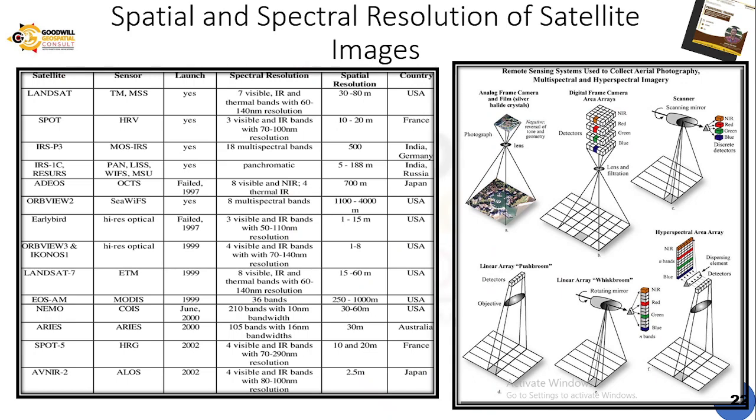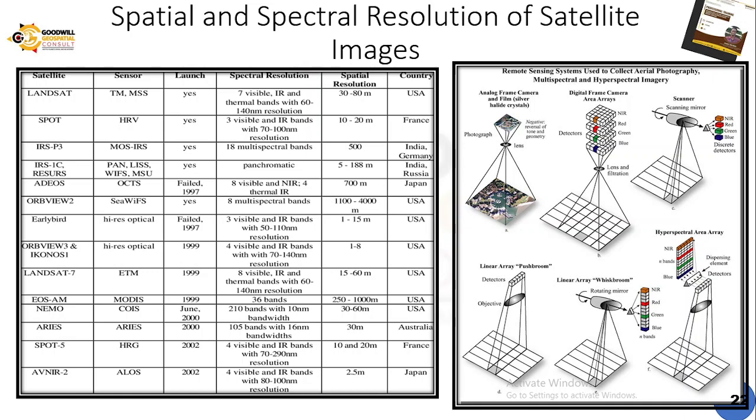Spatial and spectral resolution of satellite images. Now, spatial resolution is just the area coverage of the satellite image. The extent of coverage of the image is what we call the spatial resolution. Then the spectral resolution is the wavelength range of operation, the wavelength range in which these bands operate.